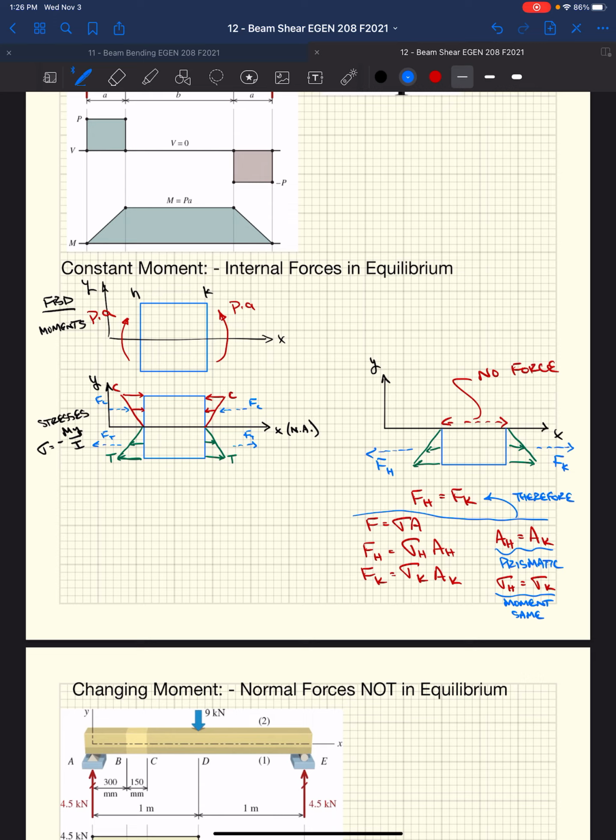And because you have different forces acting on each side of the cross-section, you're going to have to generate some sort of horizontal force within your member that's going to equilibrate the system. So you end up getting this horizontal shear force that's acting on that plane in order to equilibrate the inequality of the two forces acting on the two surfaces.